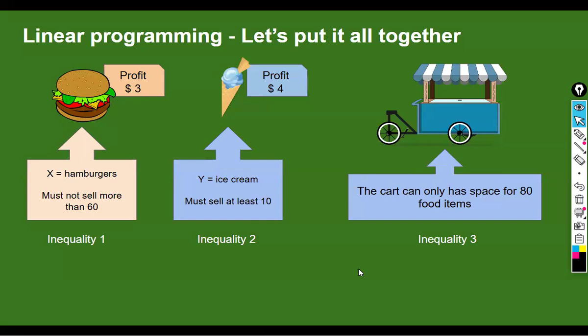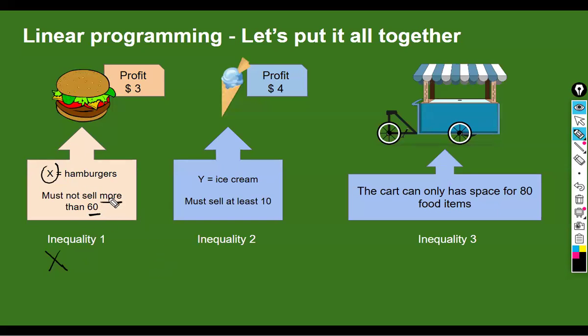You might think it's simple like that, but believe me, that is not how the maths will work out. So let's build our equations. First of all, we must not sell more than 60 burgers. The letter X represents hamburgers. Tell me if this equation makes sense. X is the amount of burgers we want to sell, and it must not exceed 60.